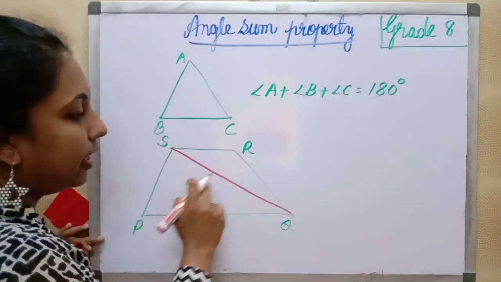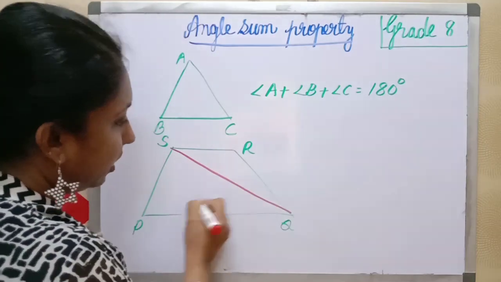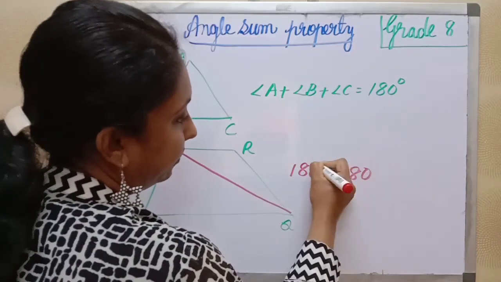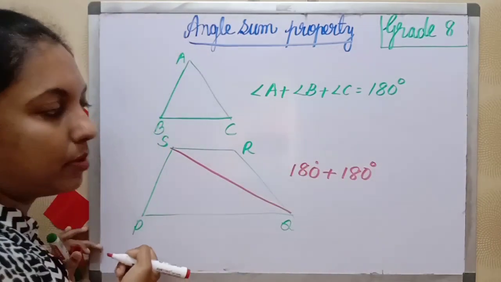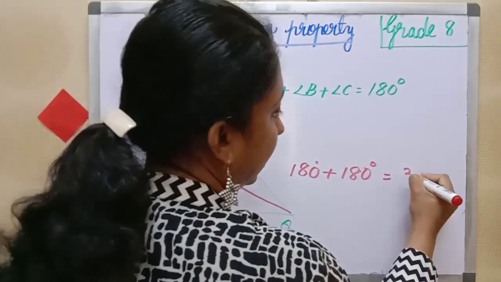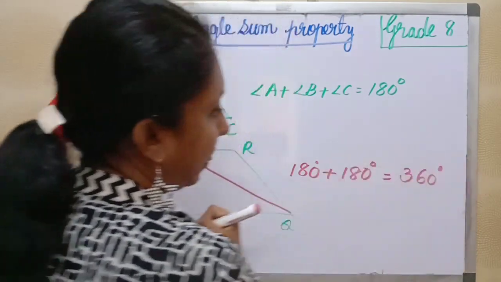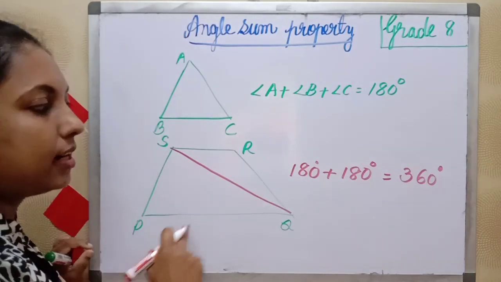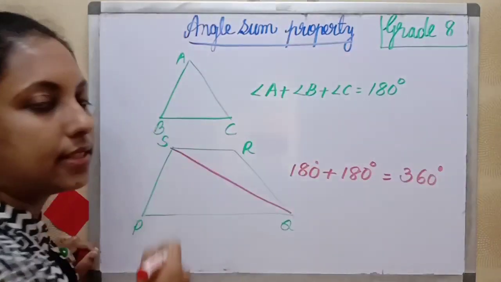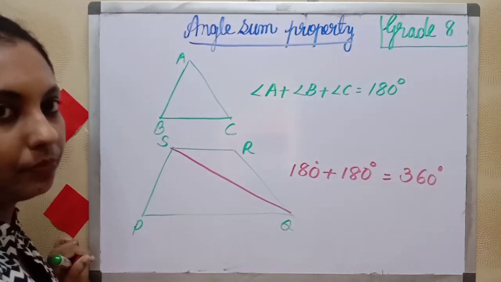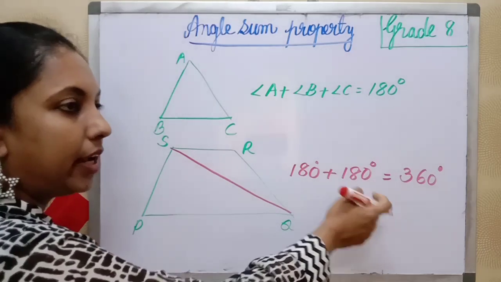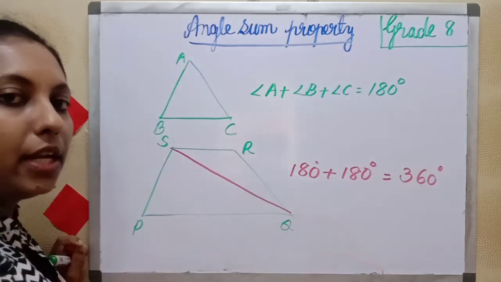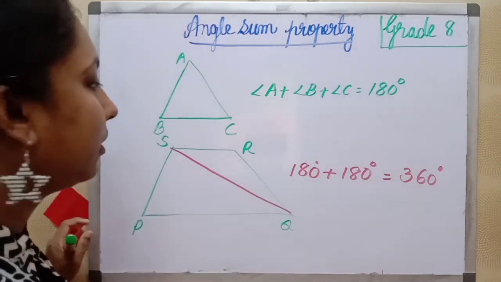So 180 degrees plus 180 degrees is 360 degrees. So the sum of the interior angles of a quadrilateral is 360 degrees.